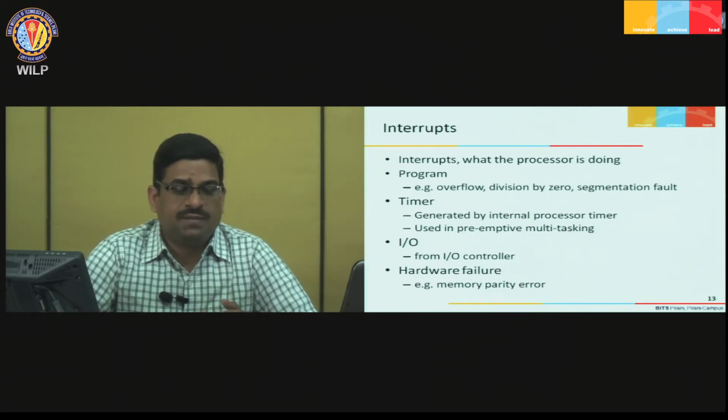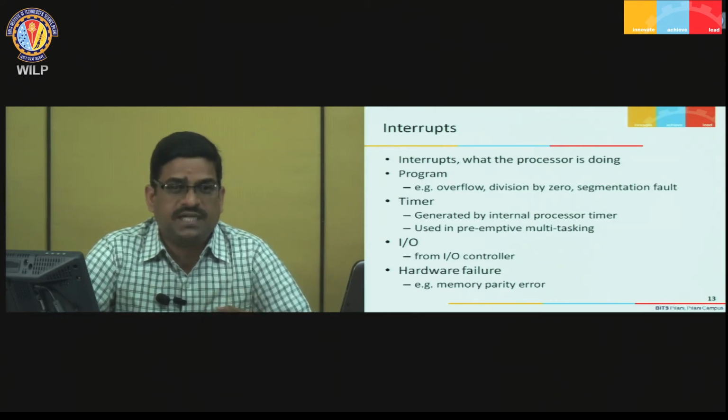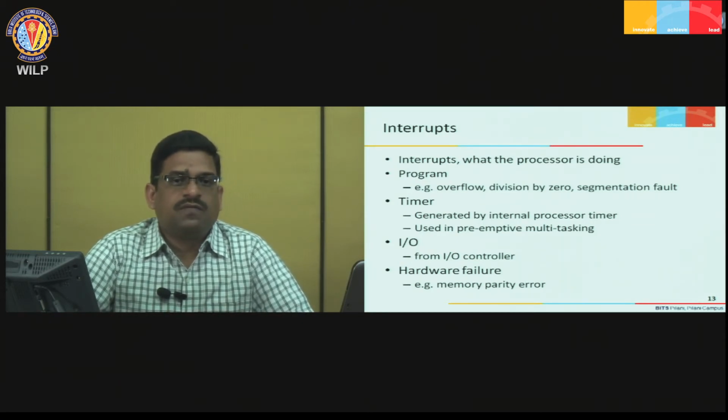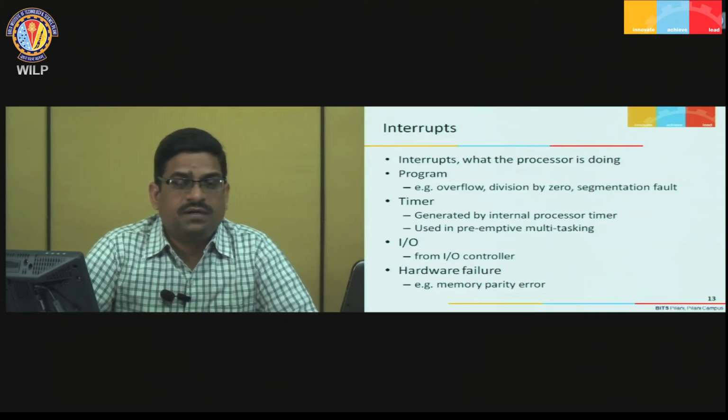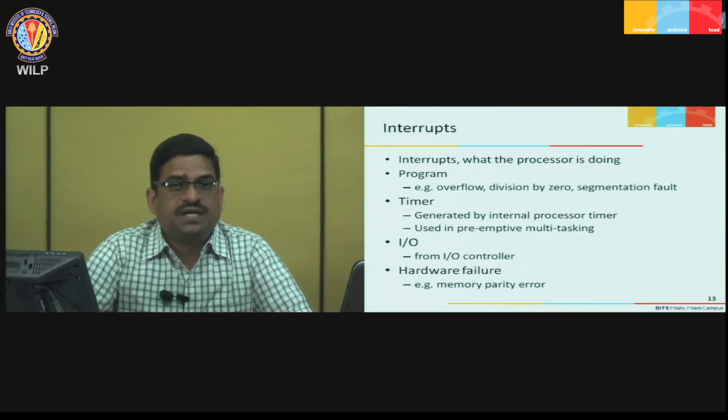That's the interrupt. The signal can be generated inside the processor or from the outside world as well. Inside the processor means through the program: maybe an overflow has occurred, where the data cannot be accommodated in the given size.